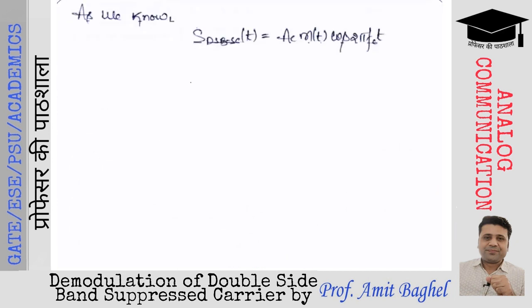As we know, the modulated waveform expression will be written as s(t), which is m(t) into c(t), so it is Ac m(t) cos of 2 pi fc t. Now, if the modulated waveform is this and the local carrier signal is Ac' cos of 2 pi fc t, hence s1(t) will be the multiplication of these two.